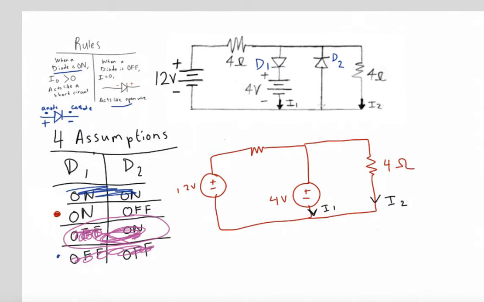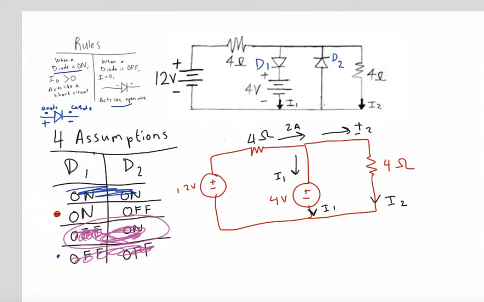Anyways, since we found that the current going through this branch here is 2 amps, that means we have current here going 2 amps. And then here, I'm going to call that I2, and here I1.